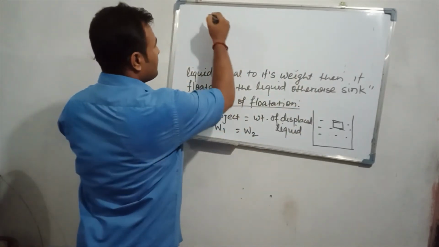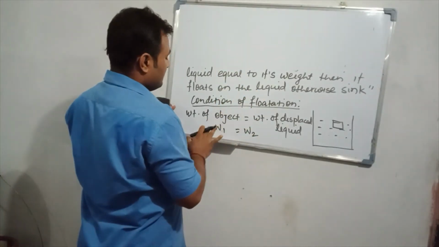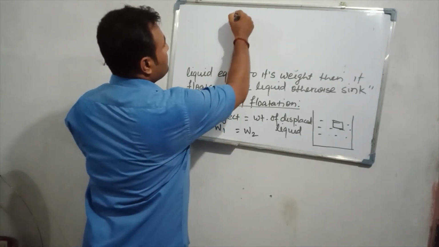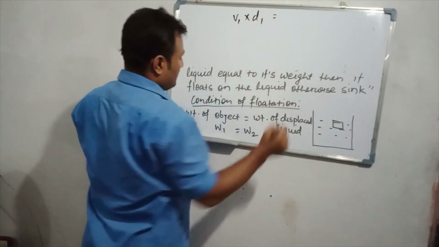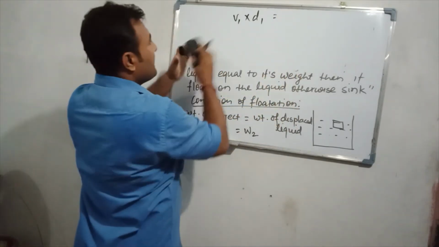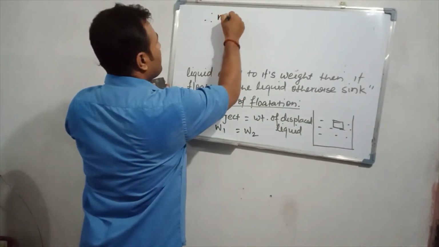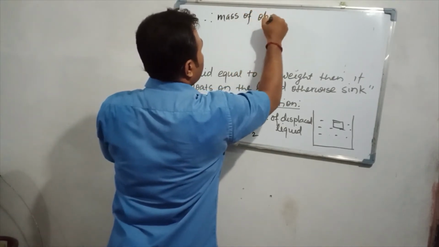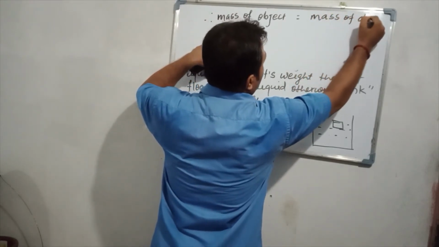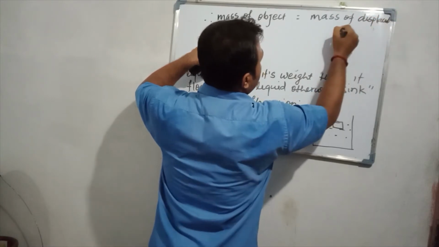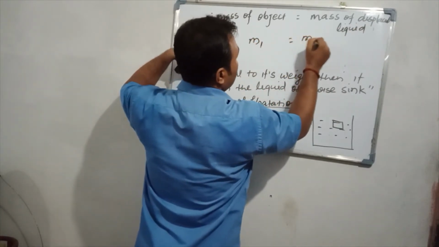If we consider that the mass of the object is M1, and the same acceleration due to gravity applies there, therefore mass of object equals mass of displaced liquid, or M1 equals M2.